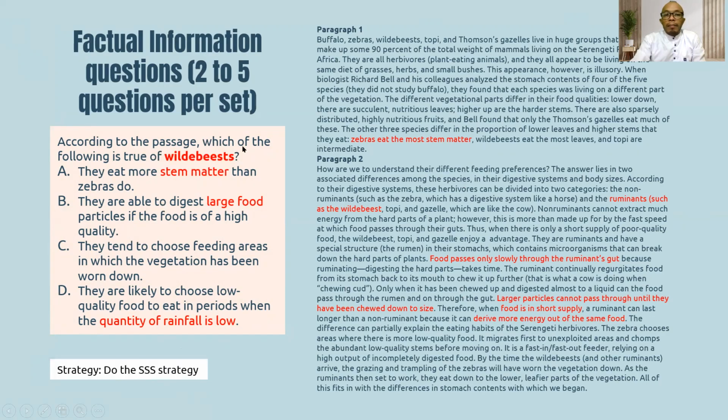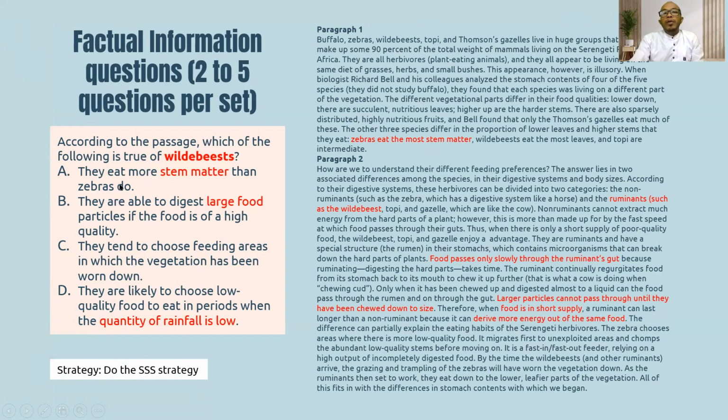So combine the keyword with another keyword or phrase from each of the options, because this question is asking you which one is true. Now, there are 2 approaches to answer this question. First one is to directly try to find which one is the true one, or you can also go with the elimination approach.